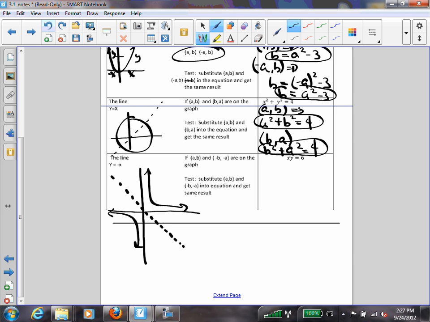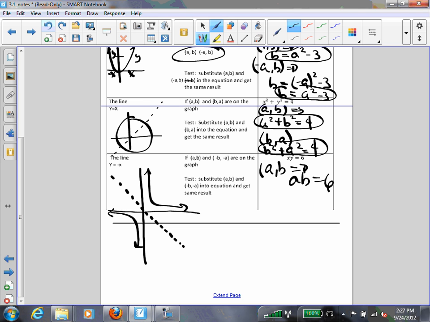Okay? And so in this case, I'm going to flip them, but I'm going to make both of them negative. So a, b, and negative b, a, they're going to be the same. All right. So if I use a, b, I'm going to get ab equals 6.